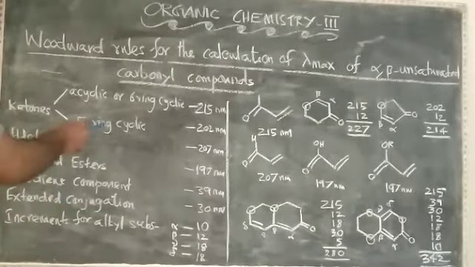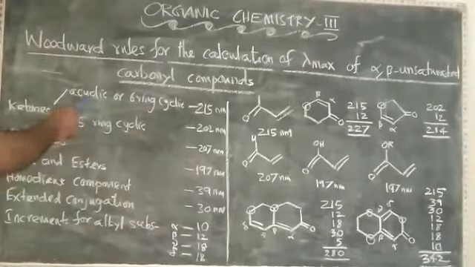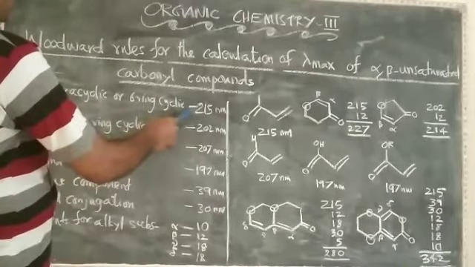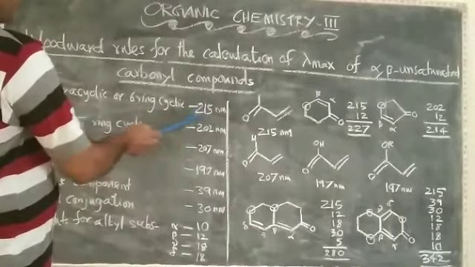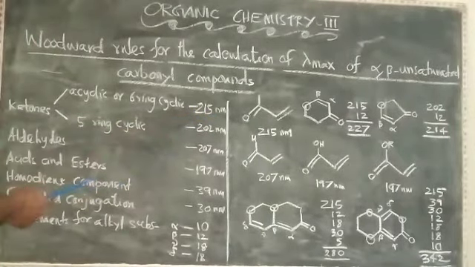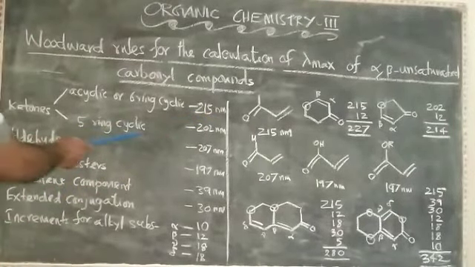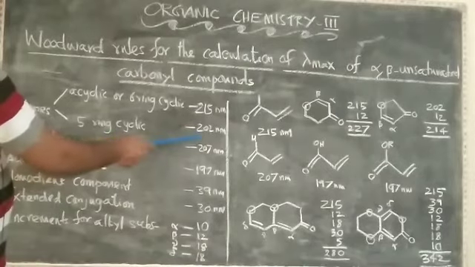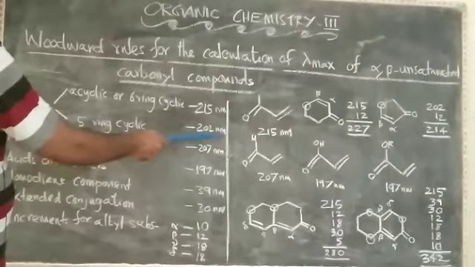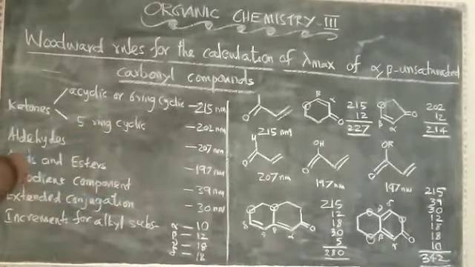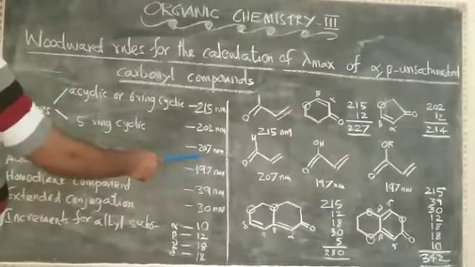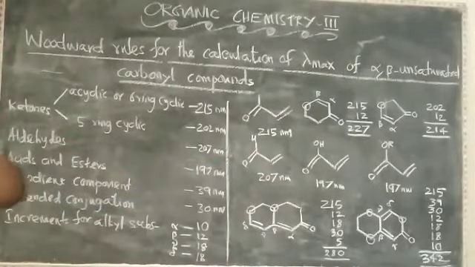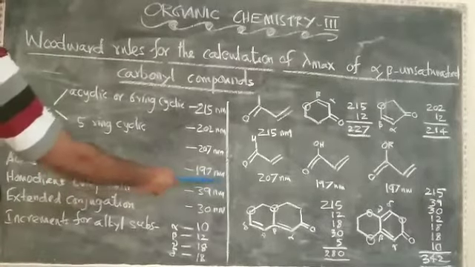In the ketones, there are two different kinds. First, acyclic or 6-ring cyclic ketones, which show a base value of 250 nanometer. A 5-ring cyclic ketone shows a base value of 202 nanometer absorption. Aldehydes absorb at 207 nanometer. Acids and esters absorb at 197 nanometer.